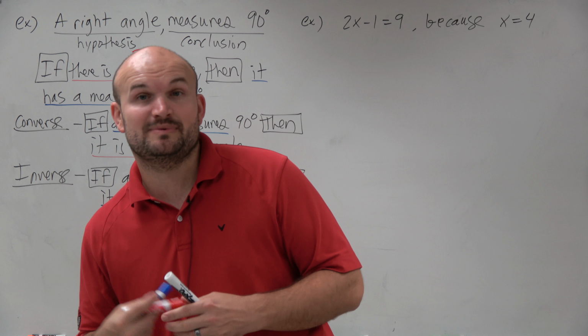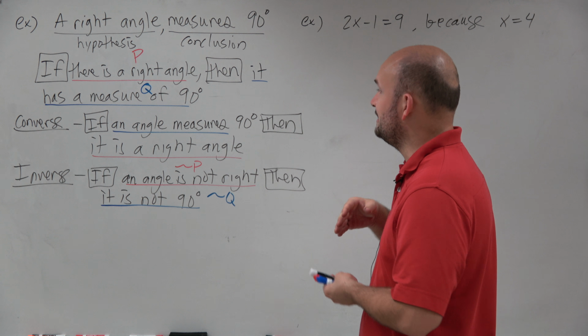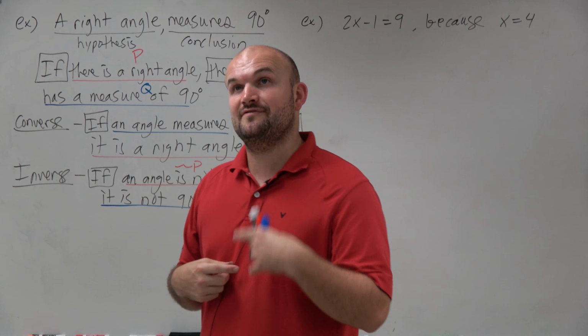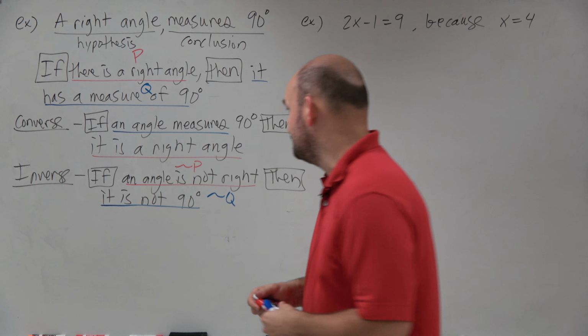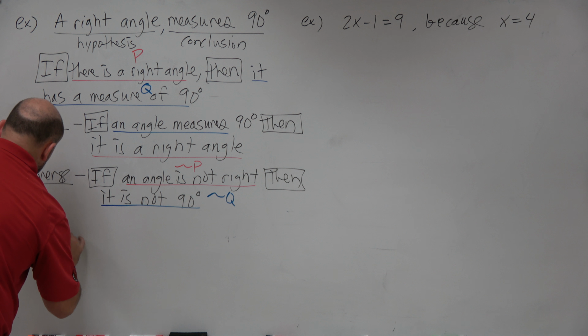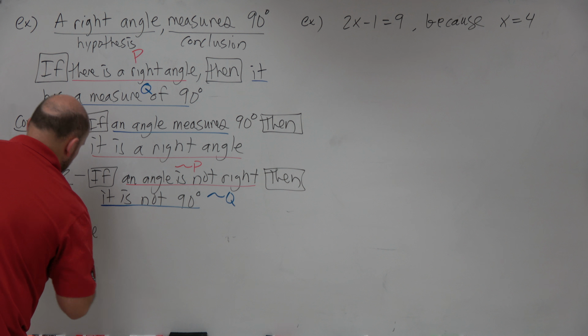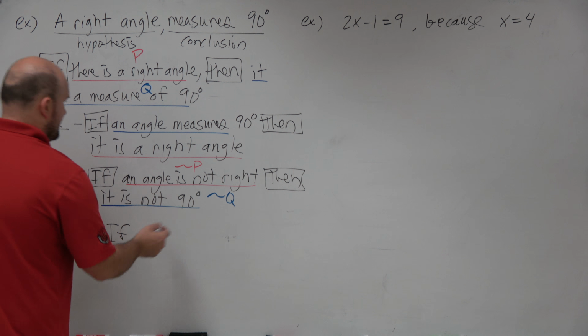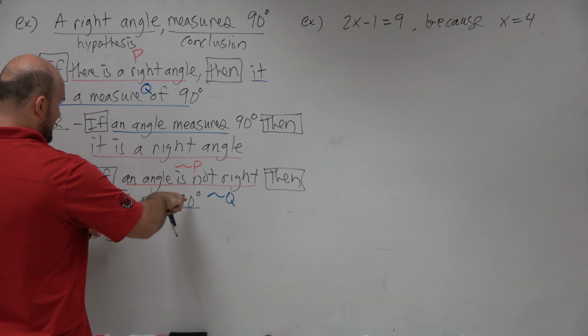Then the last one is the contrapositive, which is, if not Q, then not P. So that one looks like this. We have our if. Let's look at not Q: it is not 90 degrees.